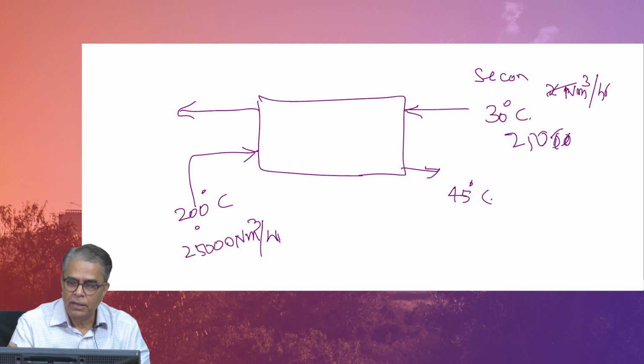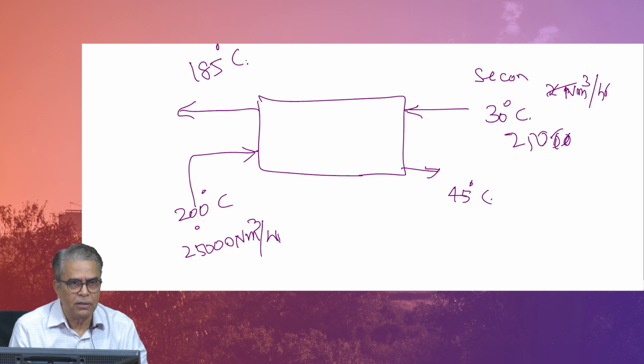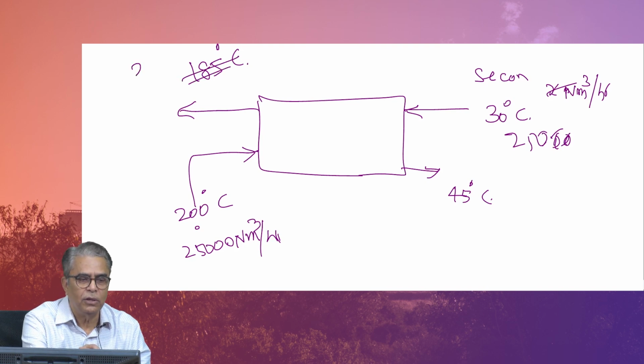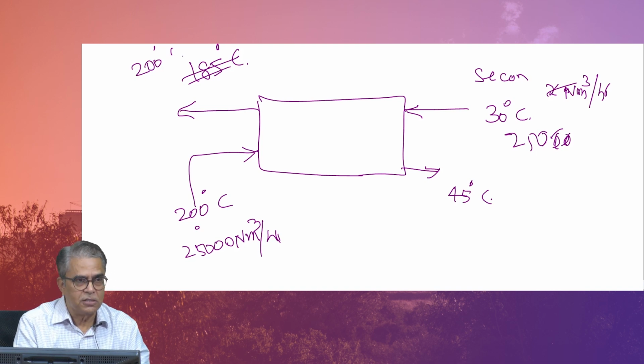So, if it is 155, 185, assuming no heat loss and stuff like that. Actually, this is not 25,000 meter cube, it is going to be lower. So, probably this will be of the order of 200, 210, whatever it is. So, rough understanding you have got about the heat exchanger.